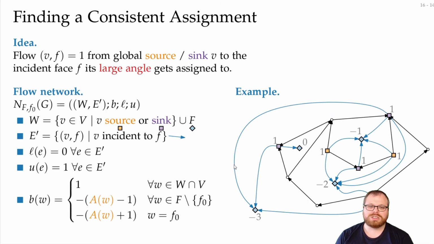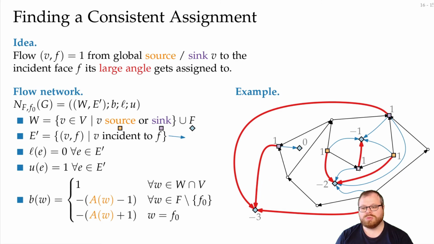And then we can just solve this flow network and find some valid flow that gives us a consistent assignment. We don't even need a cost function, we just want to find any valid flow where all the productions and demands are met. And that assignment might look like this.